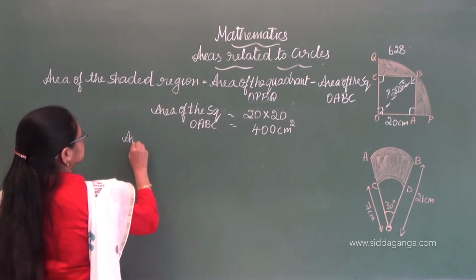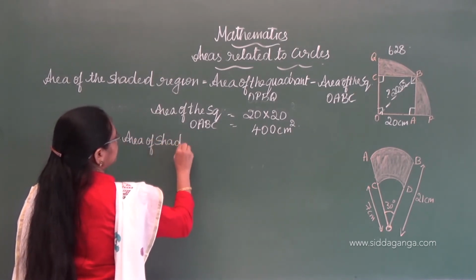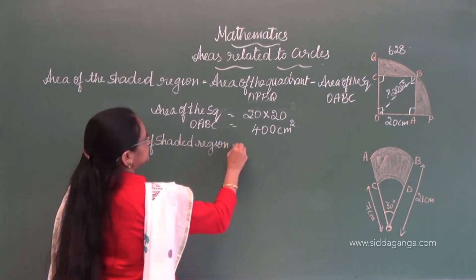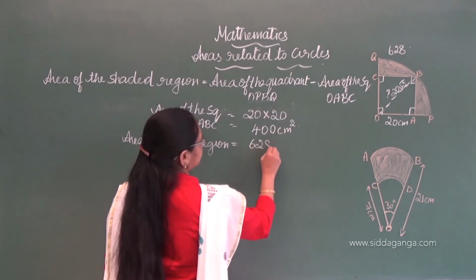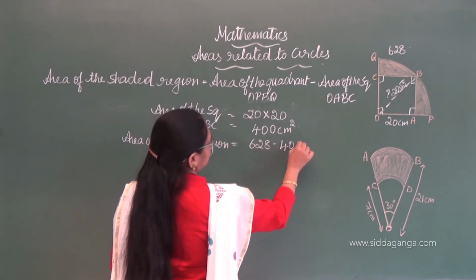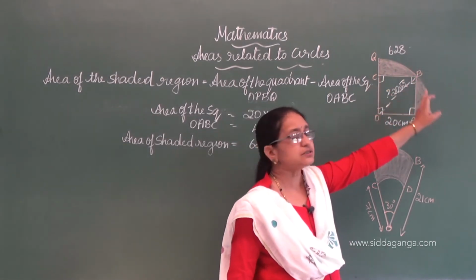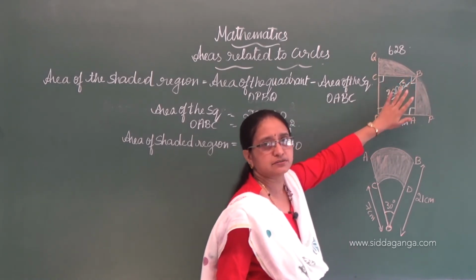Area of the shaded region is equal to area of the quadrant, which I just got as 628, minus 400. Just now I told you to find the area of the shaded region: area of the quadrant minus area of this square.